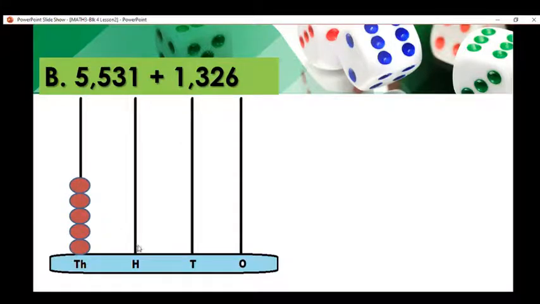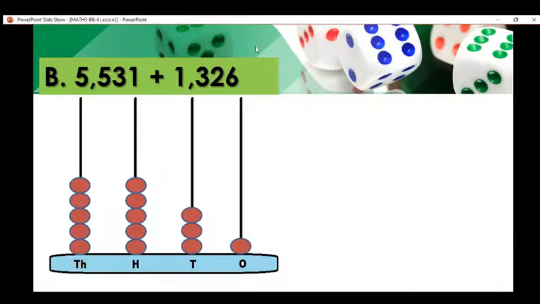How many hundreds? 1, 2, 3, 4, 5. Because they are the same, our thousand and hundreds are the same also. 3 for our tens: 1, 2, 3. And the ones would be 1.